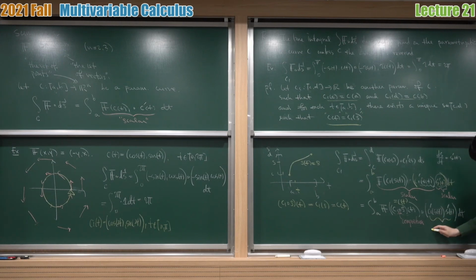This is equal to C1 composite S prime of t. So you have a composition of C1 and S, and then you take the derivative. You first take the derivative of the outside function, and then you multiply with the derivative of the inside function. That's exactly this.